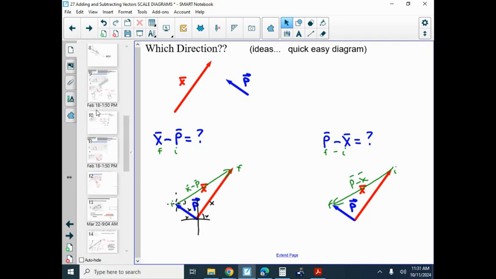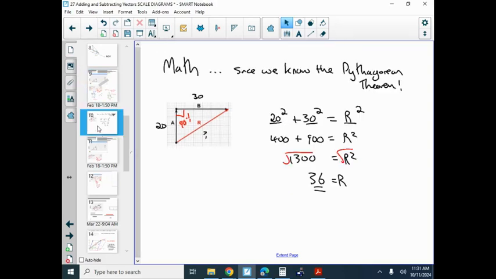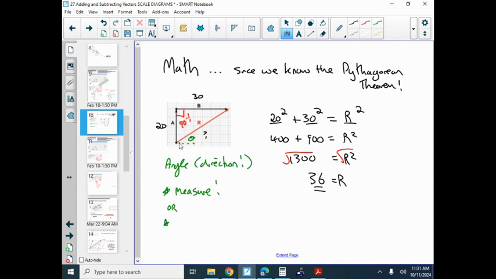So back up here, when I did the scale diagram of this, we got that length, but we also could measure the angle, or in this case, because it's a nice right triangle, you could even do math to get the angle. So this angle here, angle meaning direction. We could actually just measure it, or in this case, we could do some math for it.